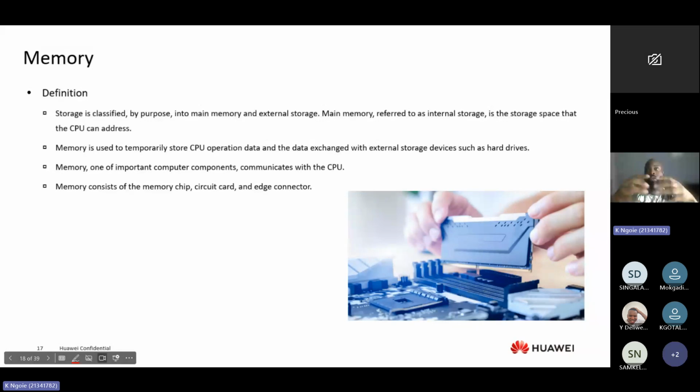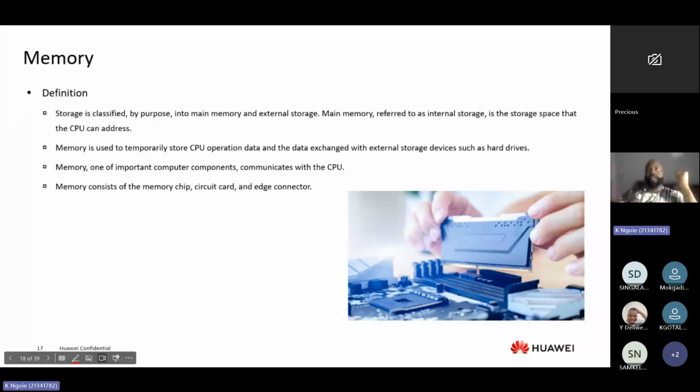Remember, for example, when you are doing any work, you have things open on your computer. The computer needs to remember what is open, but as soon as you switch off the computer, it forgets what was open. That is what your RAM is doing. So when we talk about memory, we also focus on RAM.